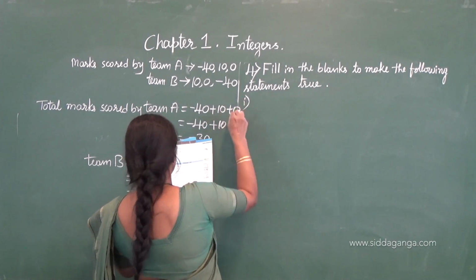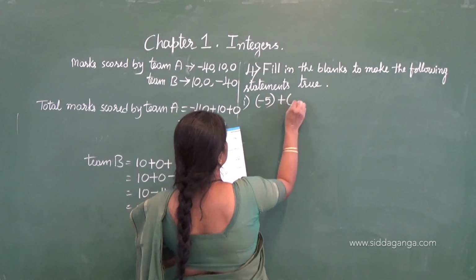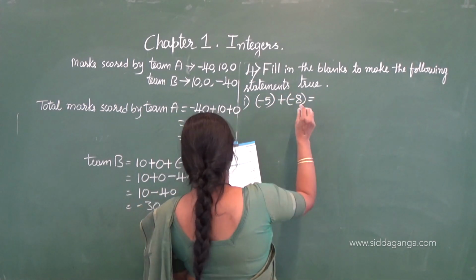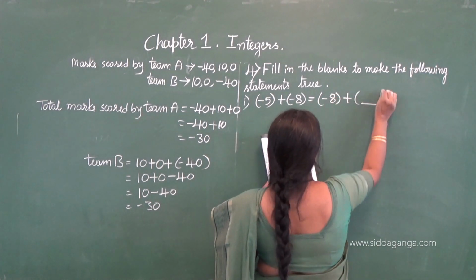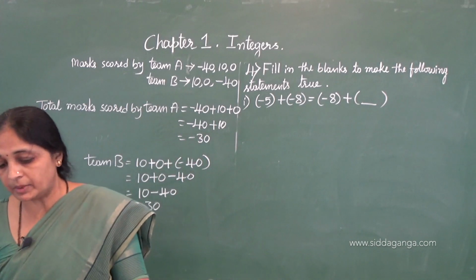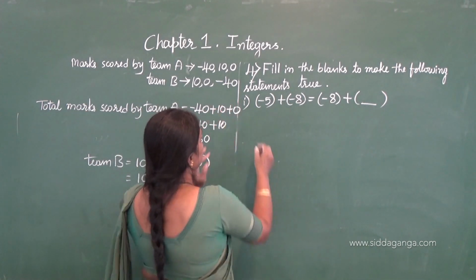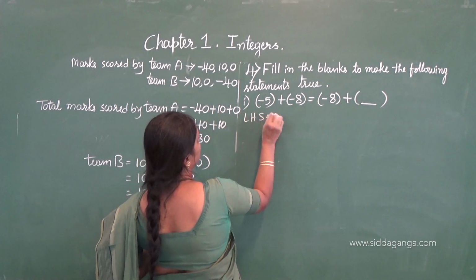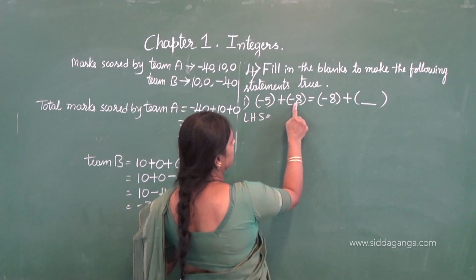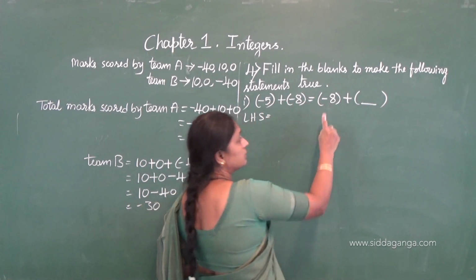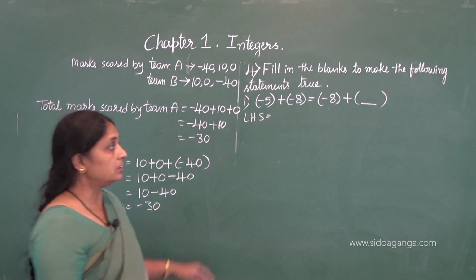The first statement is -5 plus -8 is equal to -8 plus blank. Okay, they have given a blank there, and how can we find it? Think, take the LHS. Here we have -5 plus -8, and for the RHS we have -8 plus blank.